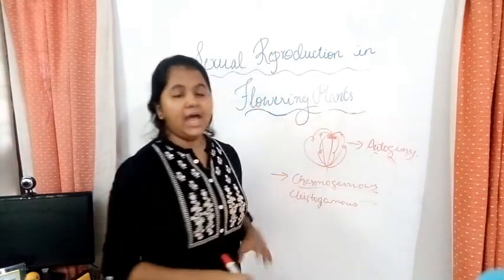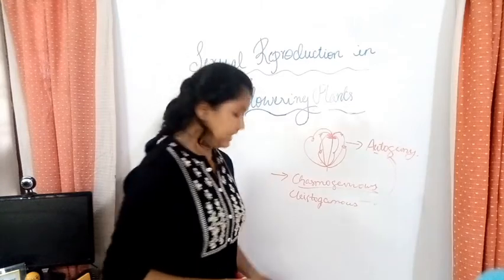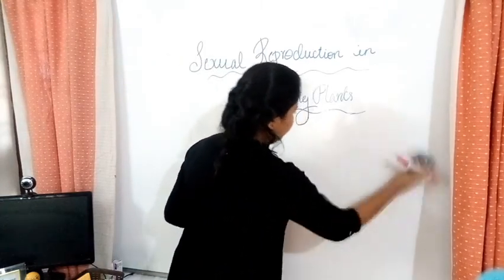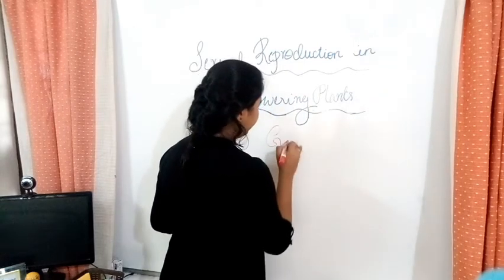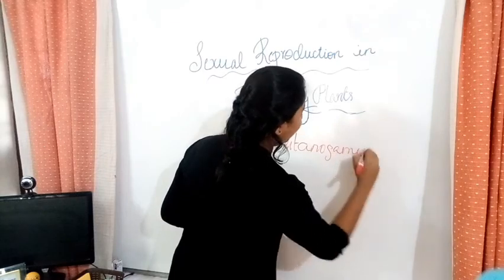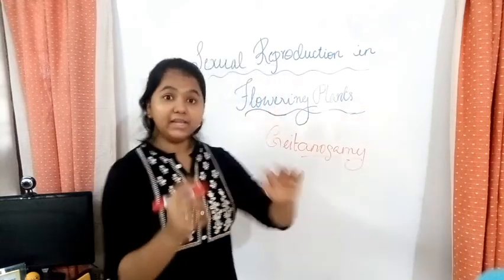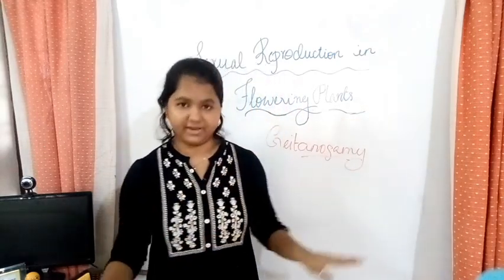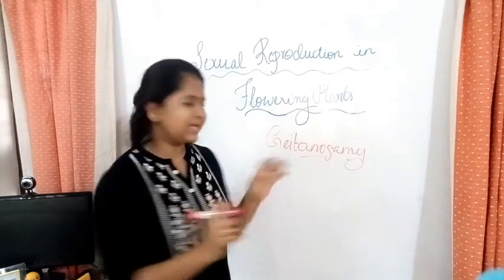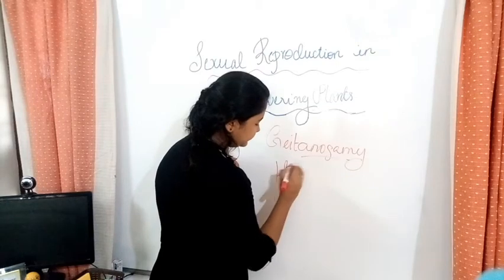Okay. And the next one is geitonogamy. Let's see what is geitonogamy. In the previous case, in autogamy, there is no variation. And over here, for geitonogamy, this is from the same plant. Okay, this is a flower.